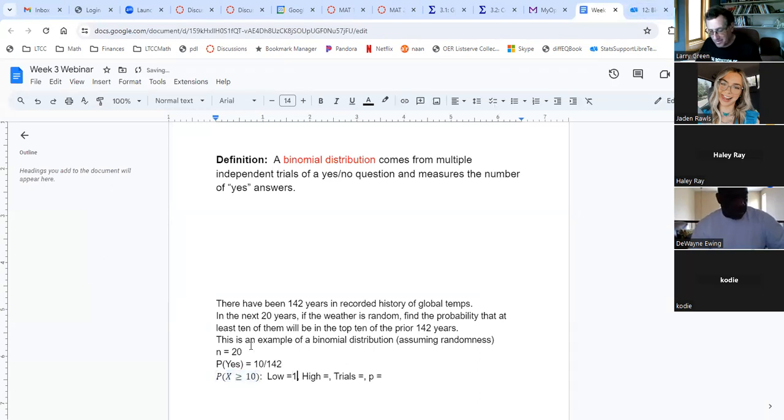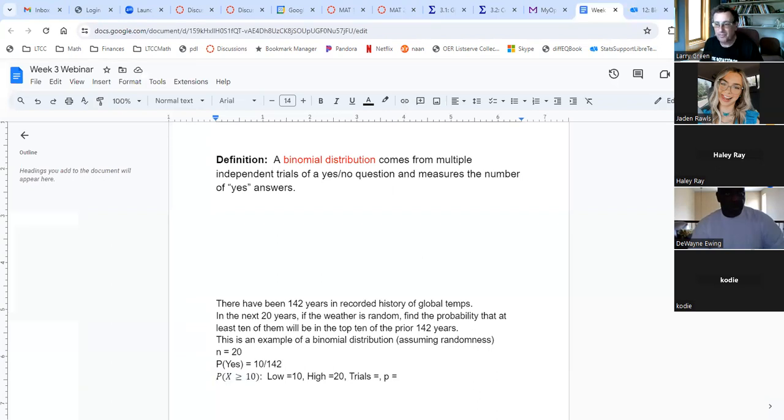The highest number, 20. All of them. Can't have 142. If you're only looking at 20 years, you can't have 142 of the 20 years be something, because there aren't that many. But you could have all 20 of them, if they were in that 142, they'd be in the top 10. Do you see how that works?